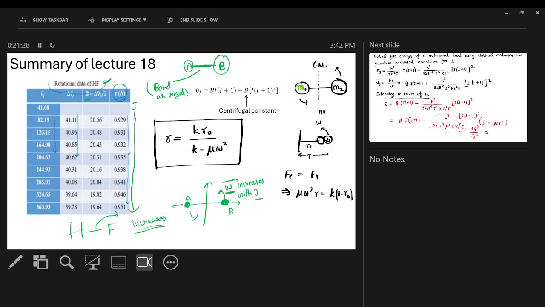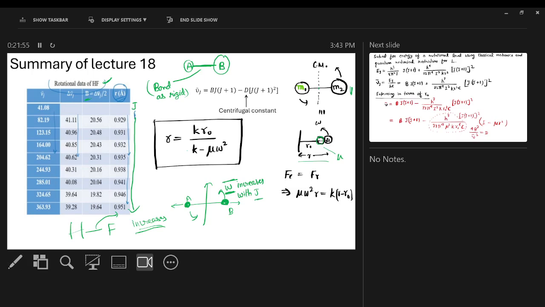Let's look at the figure on the right side. We have two atoms, M1 and M2, and this point is the center of mass. We can simply consider this as one molecule with reduced mass mu. Initially the distance was r0, and after rotation it is r.